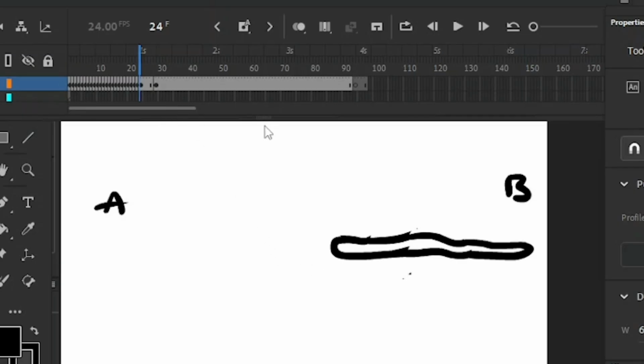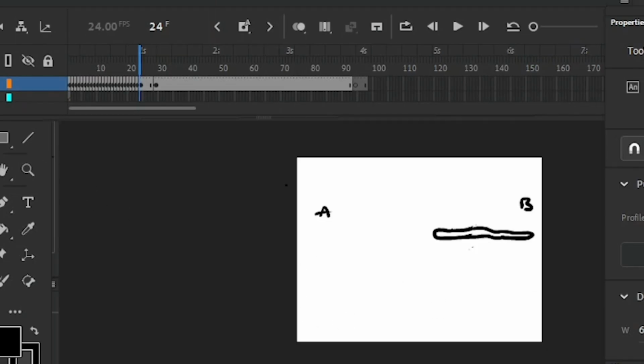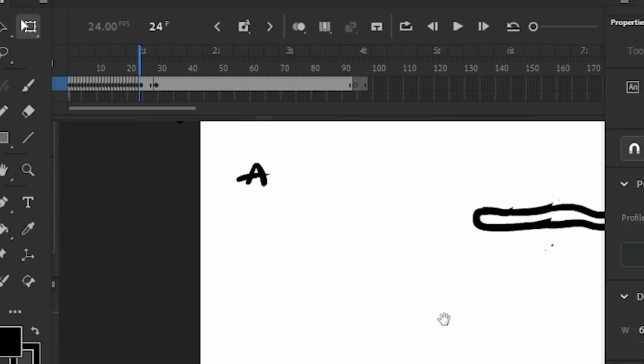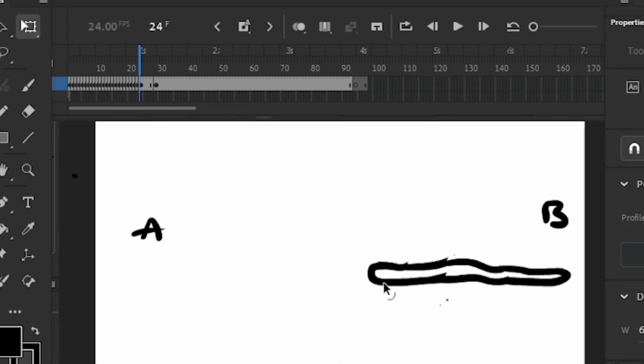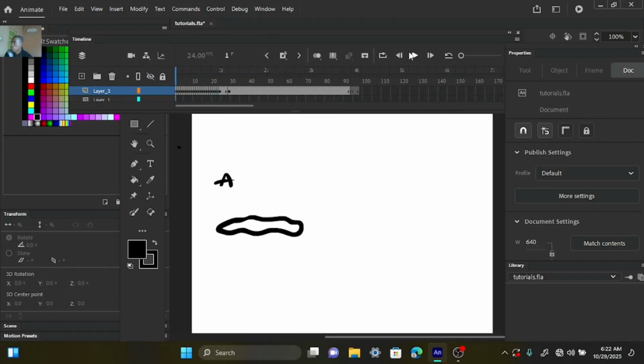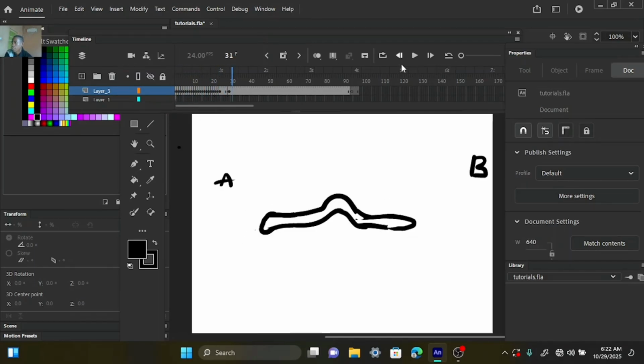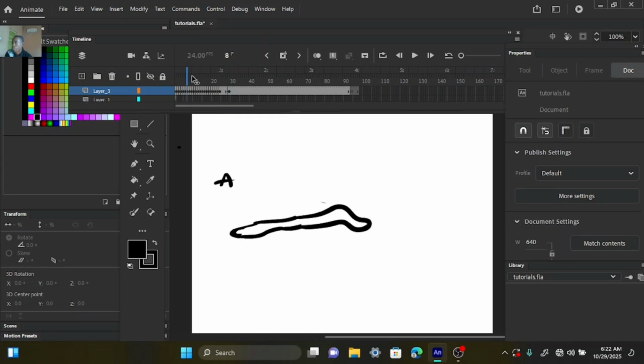Let me explain that for you. I'll probably do that in the next class so you understand the difference between pose to pose animation and frame by frame animation, because today I'm specifically teaching you frame by frame animation on how to move motions from point A to point B. That's exactly how you do it, frame by frame.